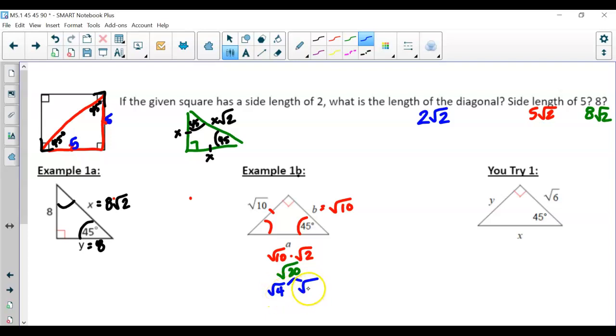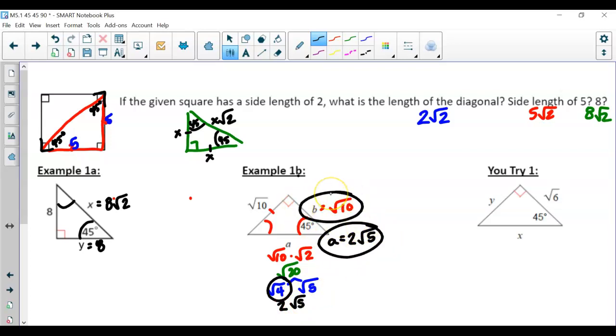Yes, 4 times 5. Because what is the square root of 4? 2. So here a is equal to 2 radical 5. So 2, bring down the radical 5, and that's how you get a. So a is 2 radical 5, and b is radical 10.